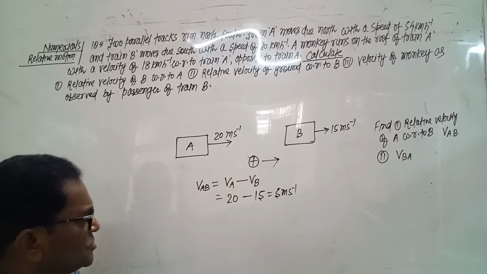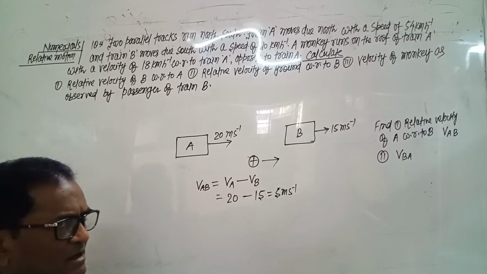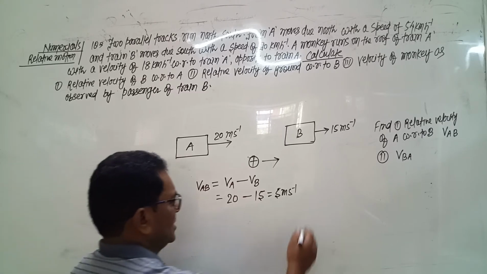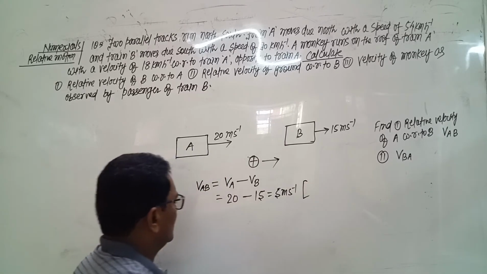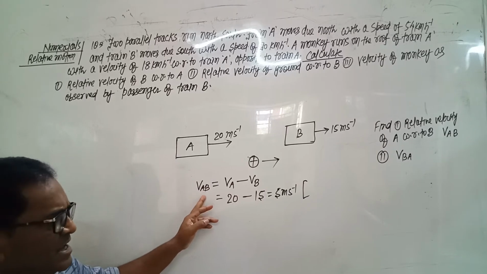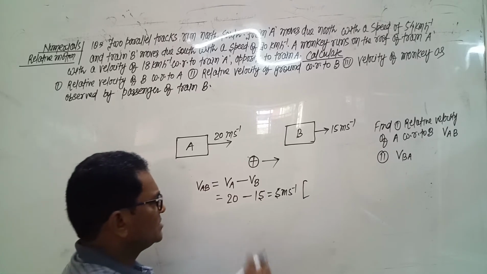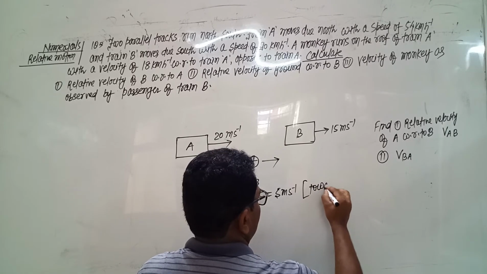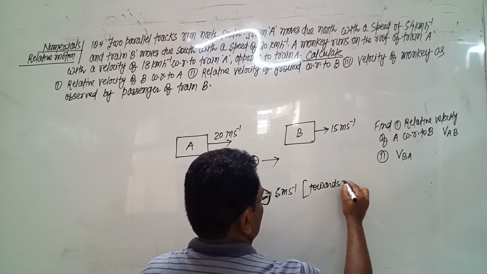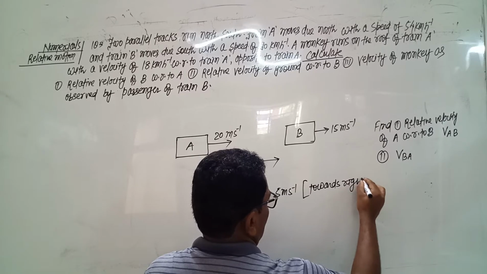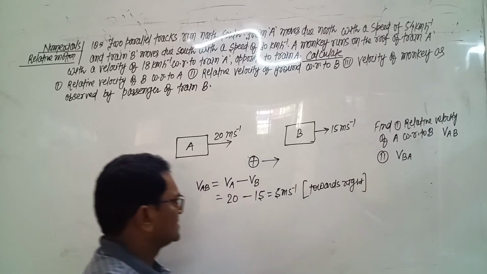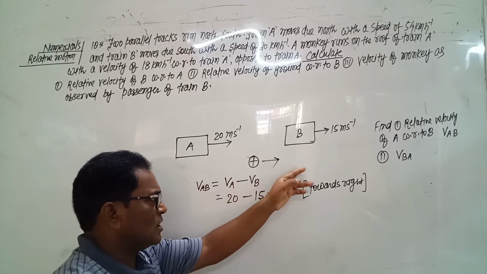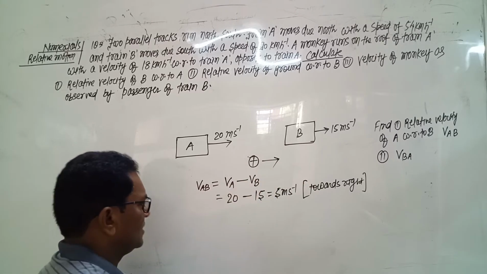Since it is positive, the magnitude is positive 5 meter per second. It means the direction of the relative velocity of A with respect to B is towards right, because the positive direction which we have assumed is also towards right.